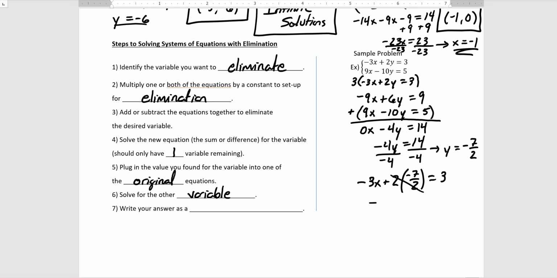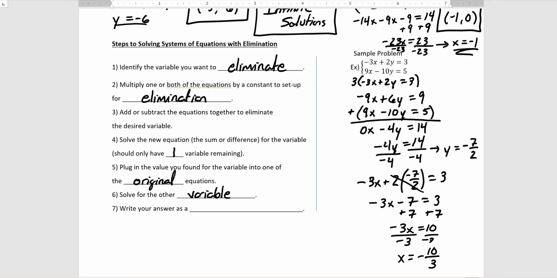You could also say those just divide out. Negative 3x, this will become minus 7 equals 3. Add 7 to both sides. 3 plus 7 is 10. So negative 3x equals 10. Divide by negative 3. And I find that x equals negative 10 over 3.